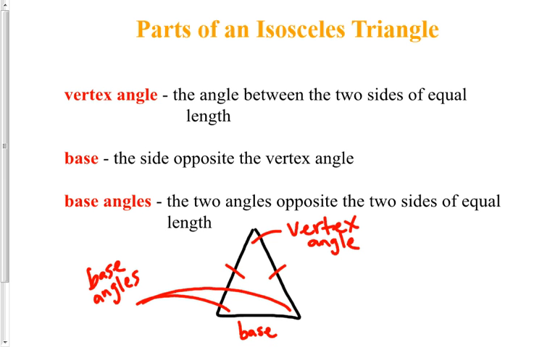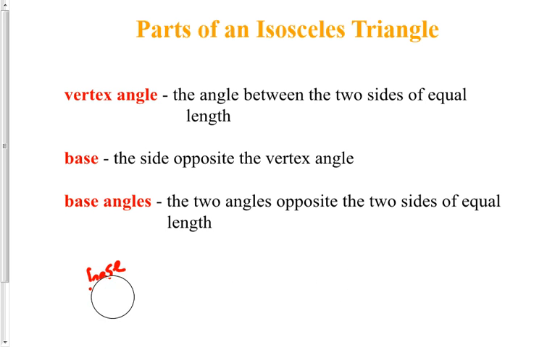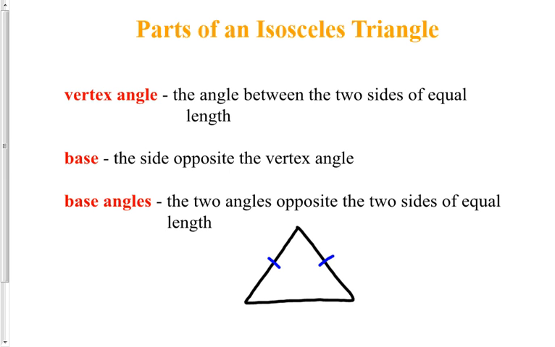Now, what if we had an isosceles triangle that was actually equilateral? So let's go back and redraw. That looks pretty good. I'm going to use some blue. So this is actually an equilateral triangle, which we know is also isosceles.